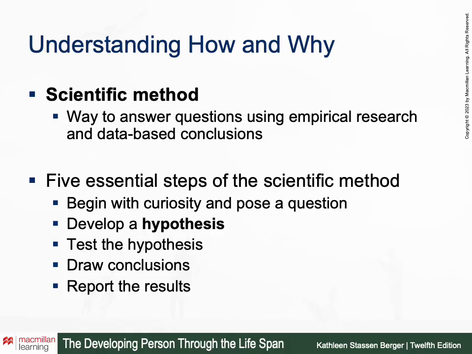So really, when we're talking about the science of human development, we're trying to understand how and why people everywhere, of every age, change and develop over time. And as we're going to talk about through this class, there have been a lot of different ways that human growth and development has been studied throughout the years, and our perspective has also changed on what is possible as far as how humans continue to grow and develop throughout the lifespan.